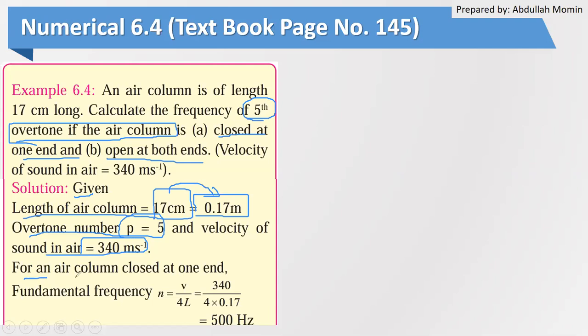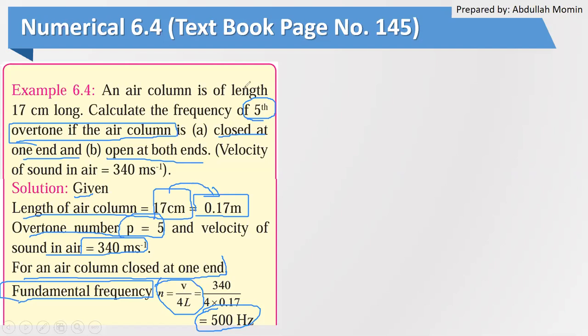Now for an air column which is closed at one end, we have the formula of fundamental frequency n is equal to v by 4L, where v is the velocity of sound in air and L is the length of the air column. We will put the value of v and L, and after calculating we will get 500 Hertz. That is the fundamental frequency, but we are supposed to calculate the frequency of fifth overtone.